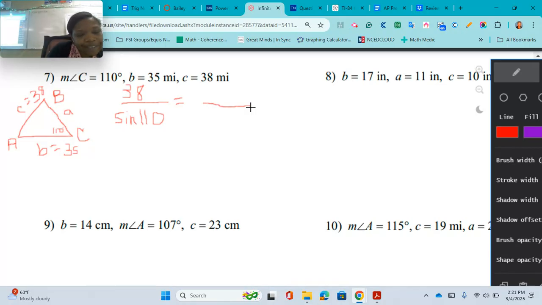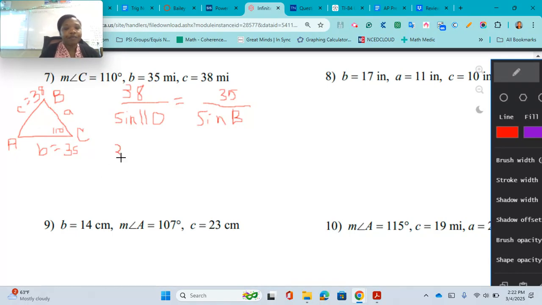But let's see. Oh, well, we only have one piece of information. So what can we use? 35 over the sine of B. We will end up having to cross multiply what?